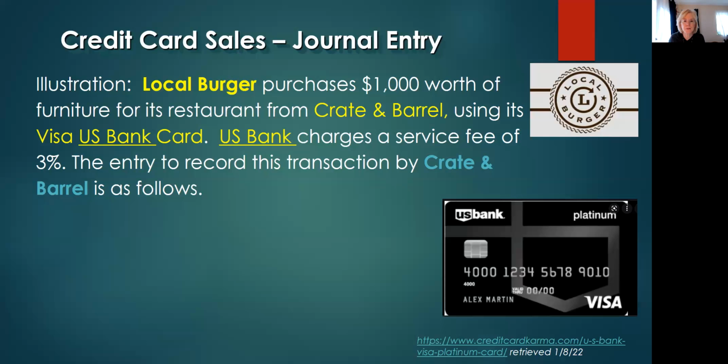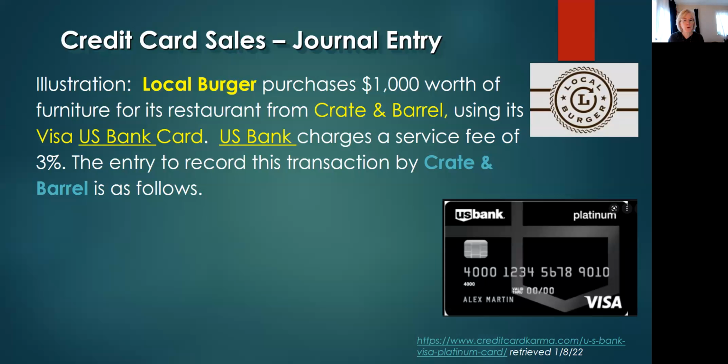Who is the customer? Local burger. All right. So local burger is buying from Crate and Barrel. If you guys know those companies, well, you can guess what local burger is. It's a restaurant, and Crate and Barrel sells furniture and other stuff.